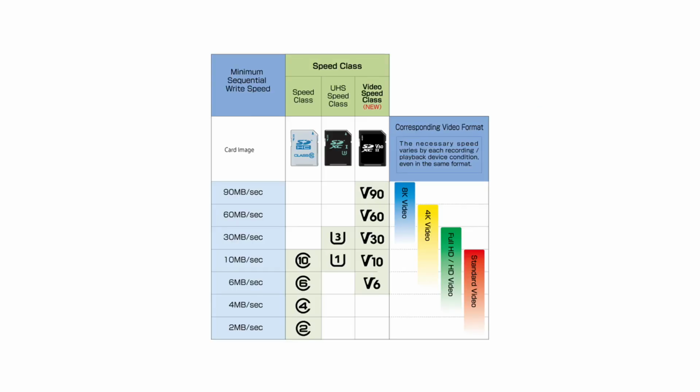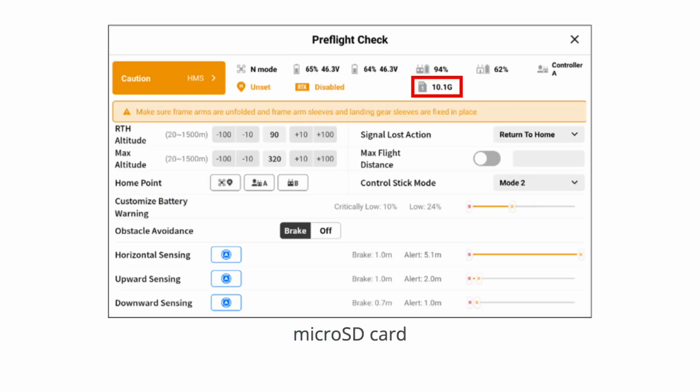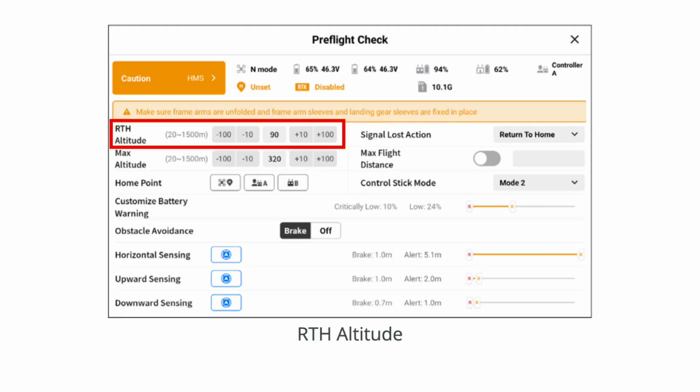Mapping missions usually require a high-speed micro SD card, which is C10, U1, V10, or above. During the mission, the camera will keep shooting continuously, and the SD card needs to write that data into itself. Also, remember to check the remaining space before each flight. You can see it on the top of the pre-flight check.